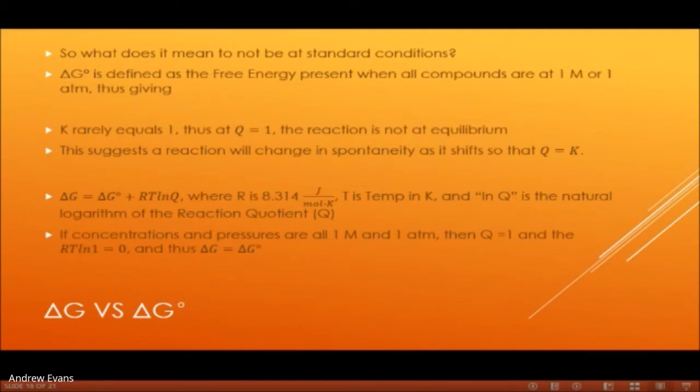If concentrations and pressures are at 1 molar and 1 atmosphere, then Q equals 1. If Q equals 1, the natural log of Q equals 0. So if everything is at standard state conditions, this equation simplifies to state that delta G under those conditions is delta G standard.